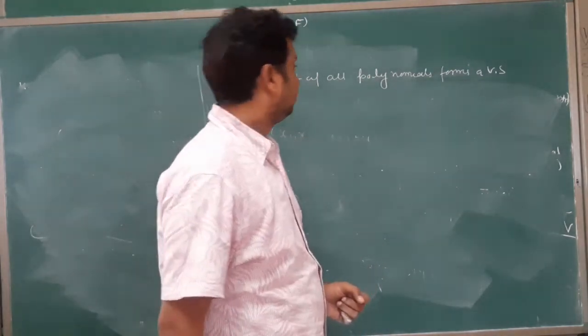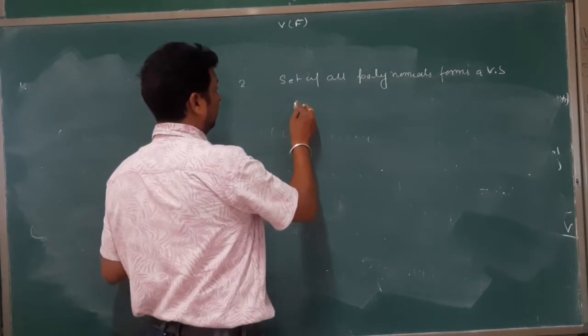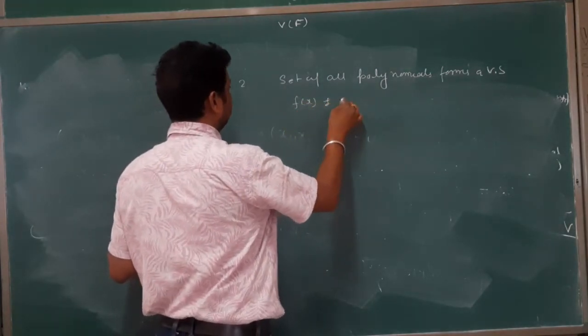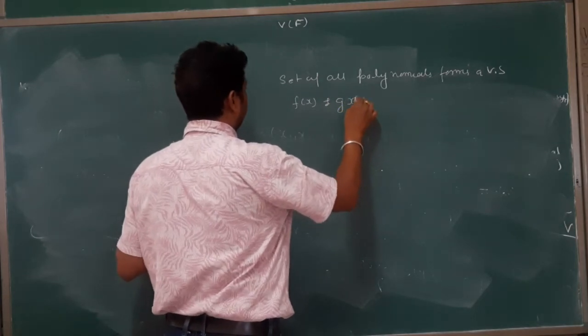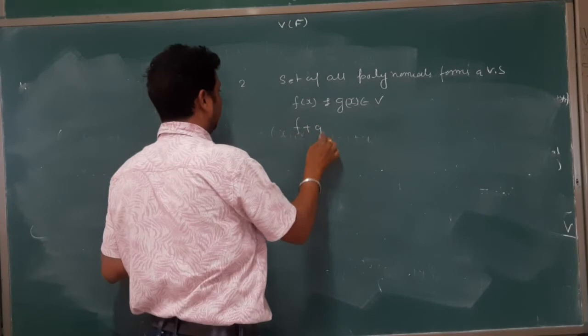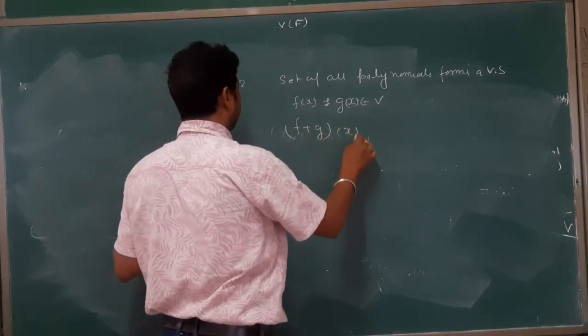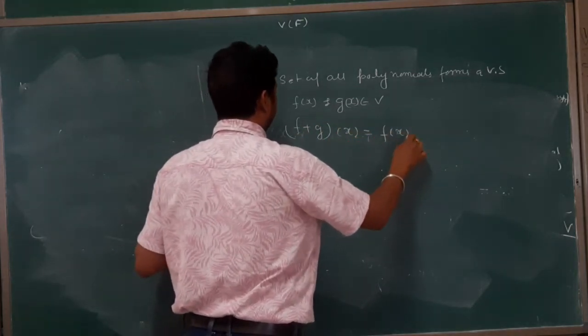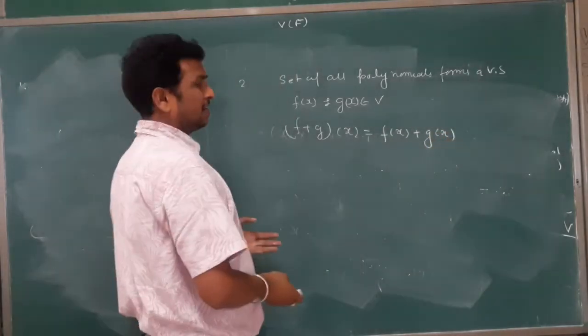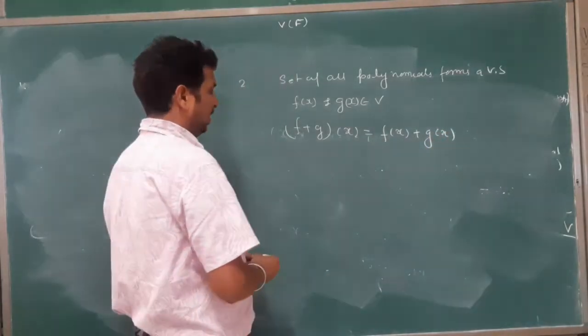Correct? Means if f(x) and g(x) belong to V, then (f plus g)(x) is defined as f(x) plus g(x), where f(x) and g(x) are two polynomials.